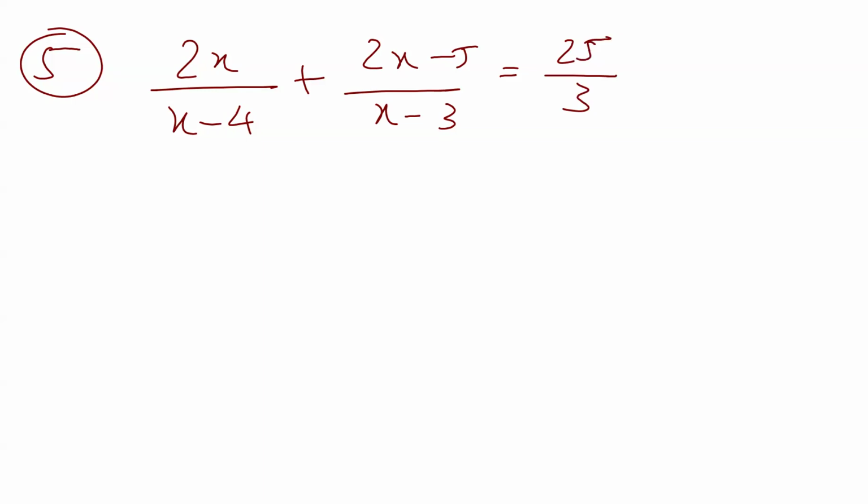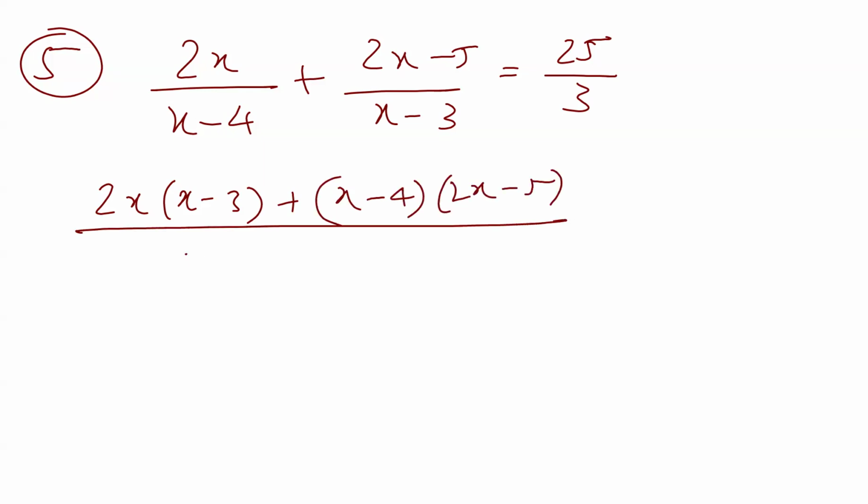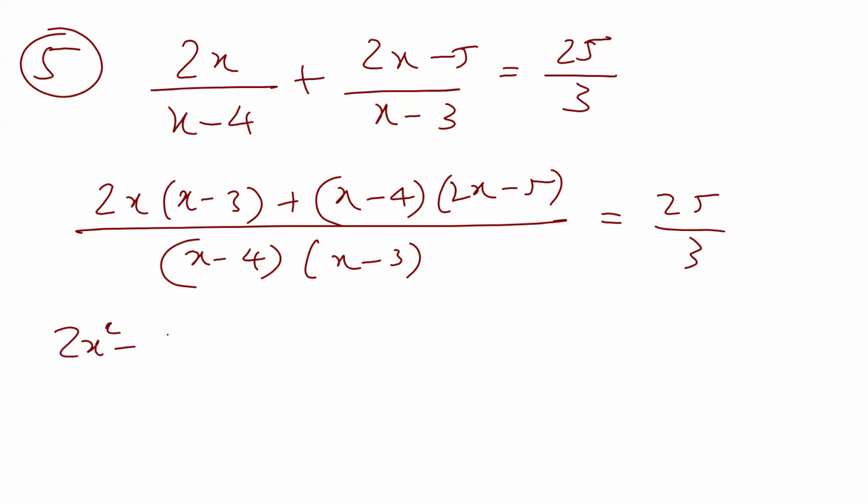Now this is simple multiplication as in LCM. x minus 4 into 2x minus 5, x minus 4, x minus 3, 25 upon 3. 2x square minus 6x, 2x square minus 5x minus 8x plus 20.